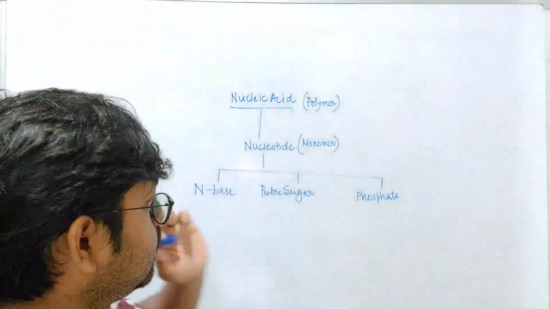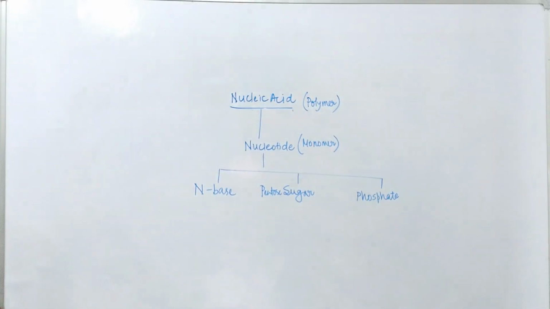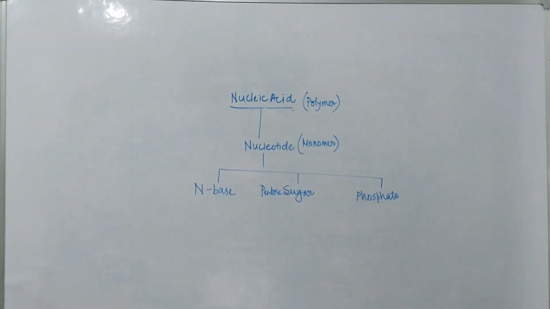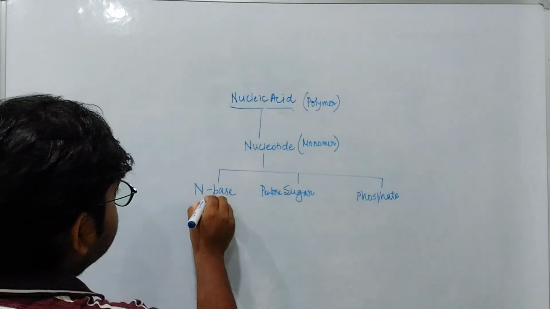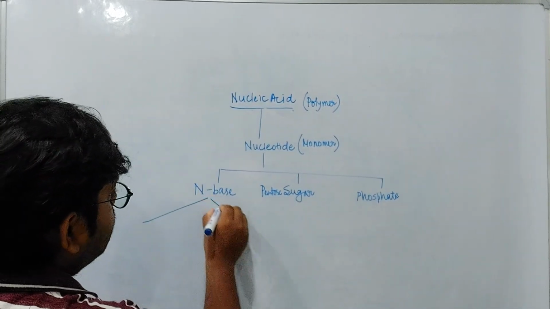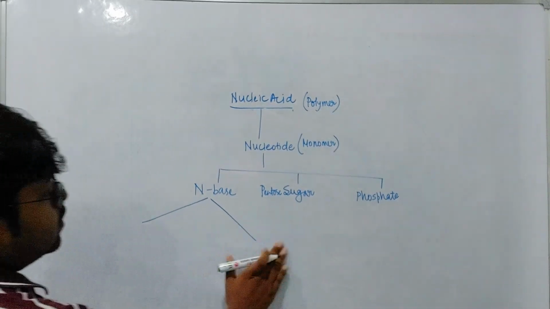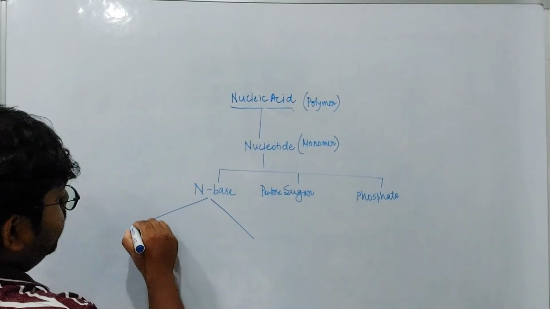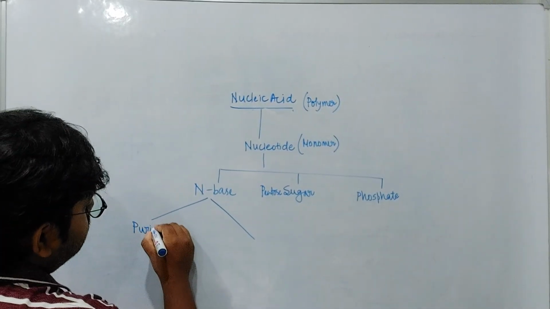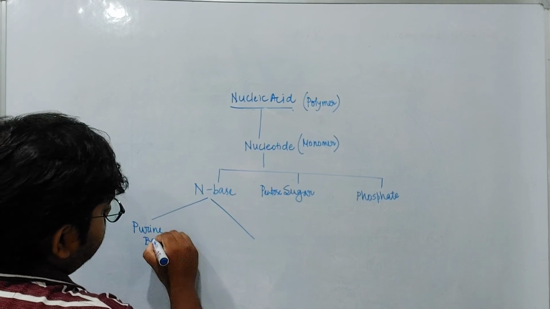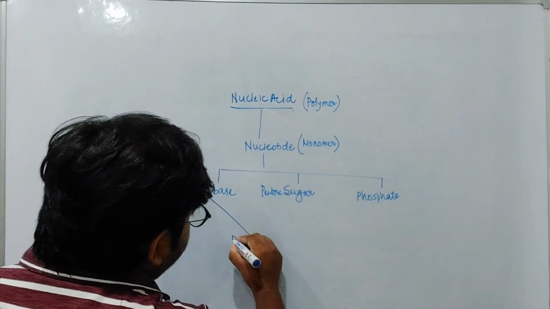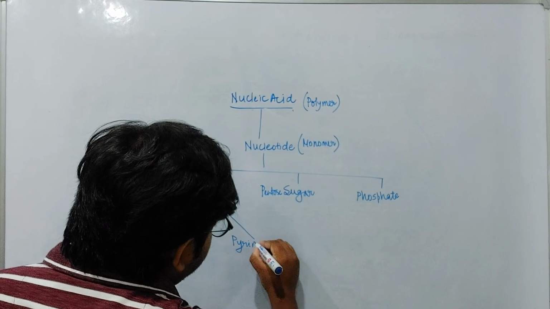All right. Now, what about this nitrogen base? The nitrogen base also can be two types. The first one is known as purine base. The second one is called pyrimidine base.